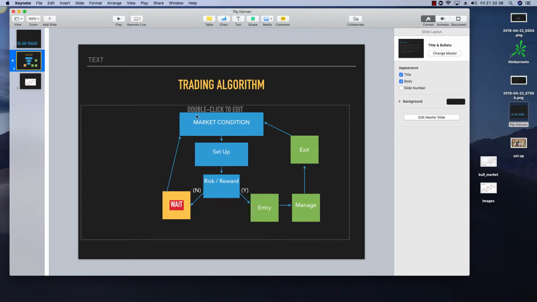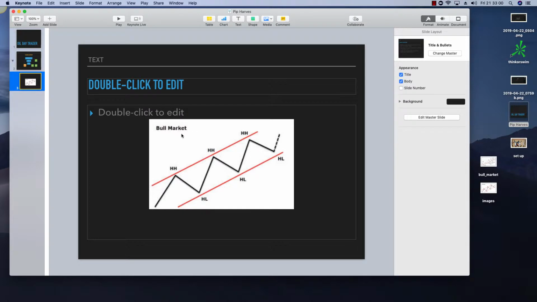The first step in the algorithm is analyzing and appreciating the market condition. Let's say the market is in a bullish condition, it's a bull market, doing its wave-like pattern, making higher highs, then coming back and making higher lows, higher highs, higher lows.